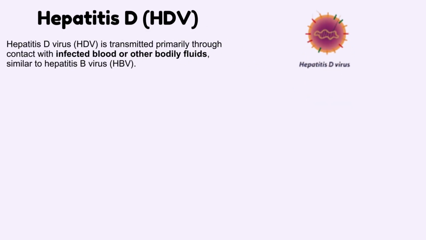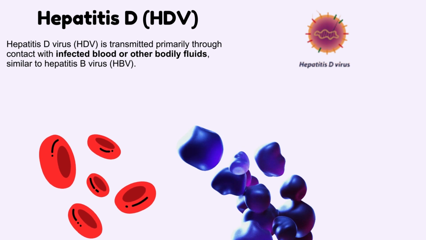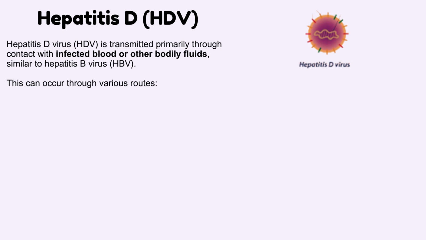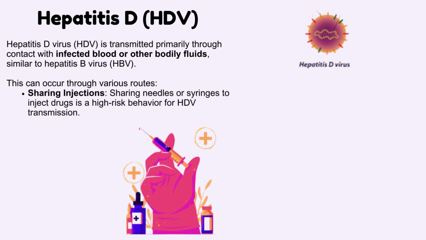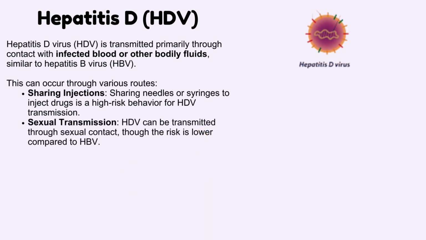Hepatitis D, HDV. Hepatitis D virus is transmitted primarily through contact with infected blood or other bodily fluids, similar to hepatitis B virus. This can occur through various routes. Sharing injections: sharing needles or syringes to inject drugs is a high-risk behavior for HDV transmission. Sexual transmission: HDV can be transmitted through sexual contact, though the risk is lower compared to HBV.